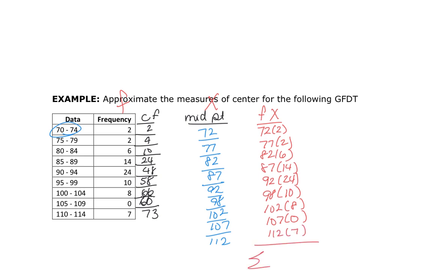I would then sum all of these up, and I get 6796, and so my mean would be 6796 divided by the number of pieces, which was 73.